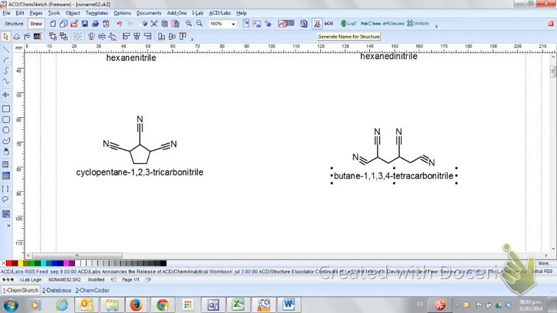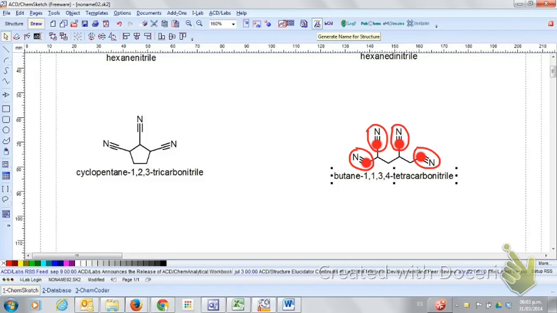Remember that carbonitrile includes the carbon atom attached to the nitrogen. So we will take 1, 2, 3, and 4. These are the 4 carbonitriles. It's this, this, this, and this.